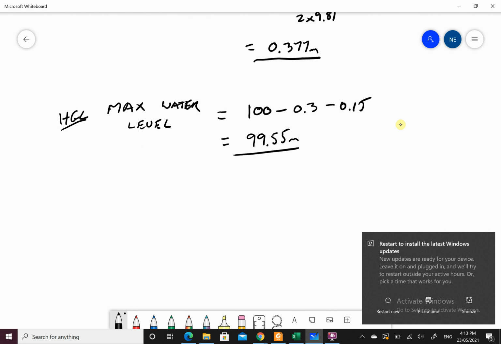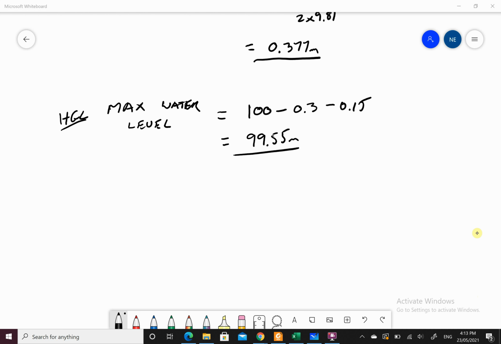Now, this might be a bit confusing. It will make sense when we look at our cross section, which I'll draw in just a second. So my hydraulic grade line at my outlet. Remember, our hydraulic grade line is the level to which the water would rise if it wasn't encapsulated by a pipe. And with an open channel, open atmosphere, it's where the water level sits.